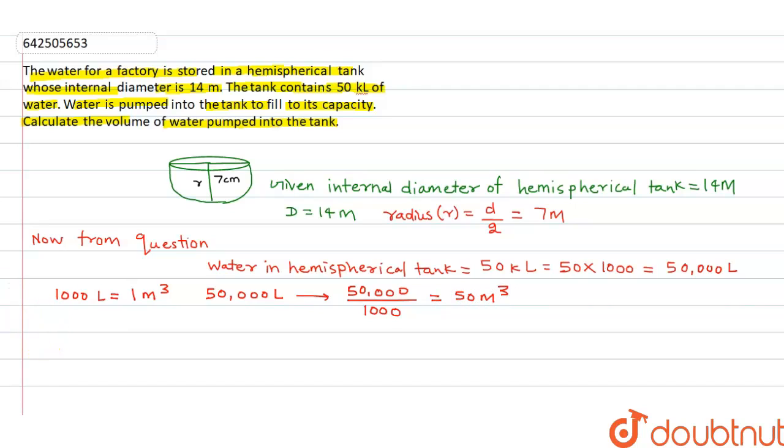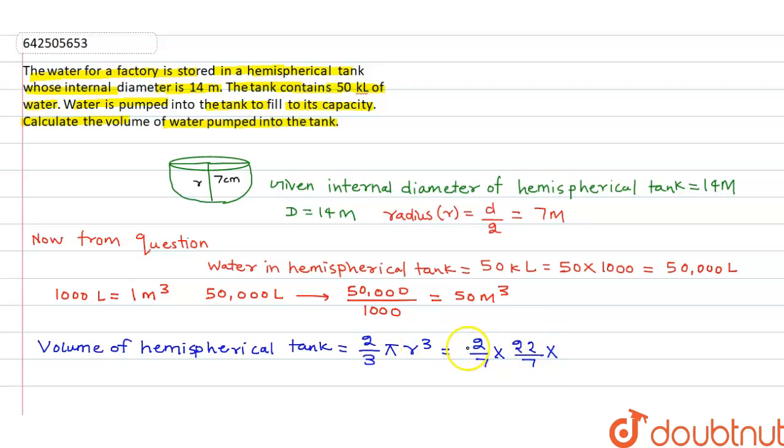Now we know a volume of hemispherical tank is 2 by 3 pi r cube. So here 2 by 3, the value of pi is 22 by 7, into, what's the value of r?